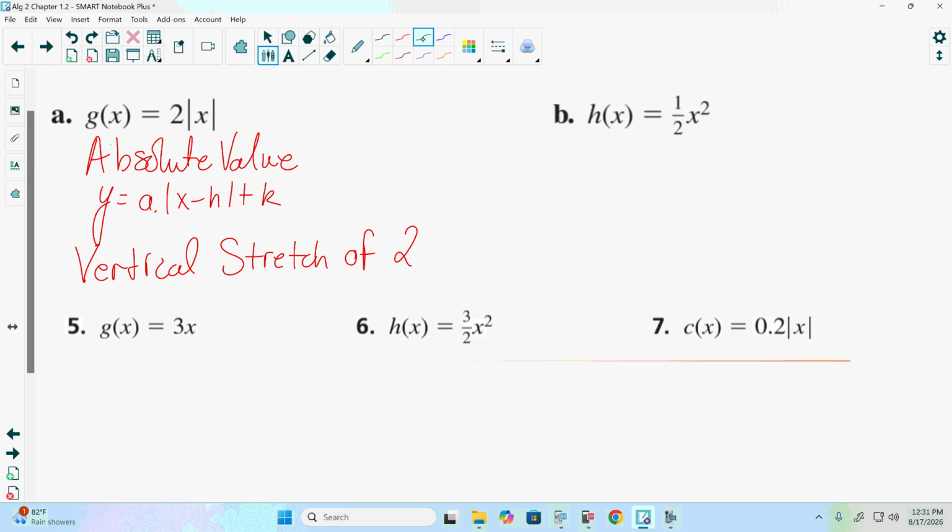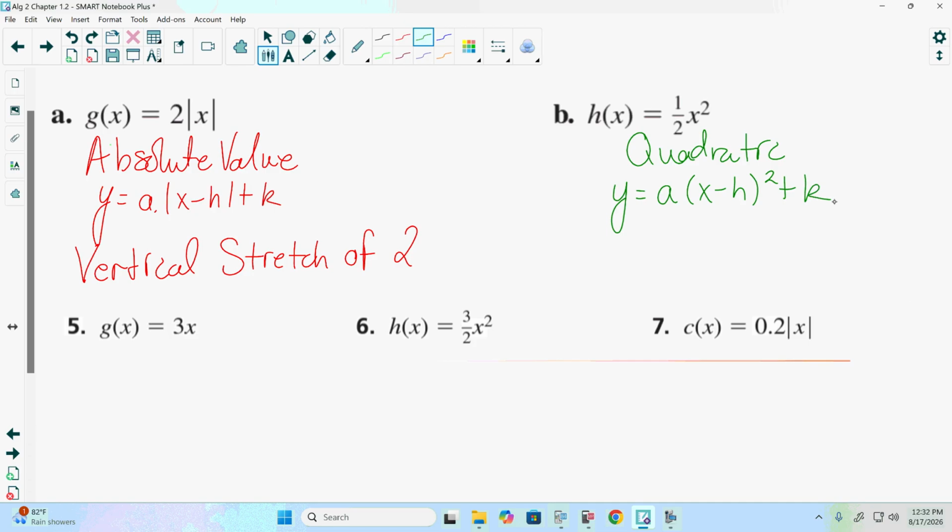Let's look at B. h of x equals 1/2 x squared. What is the parent function? Quadratic. We have that square. Still no h, still no k, so it's not moving up, down, left, or right. Here, a, we do have a value. It is 1/2.